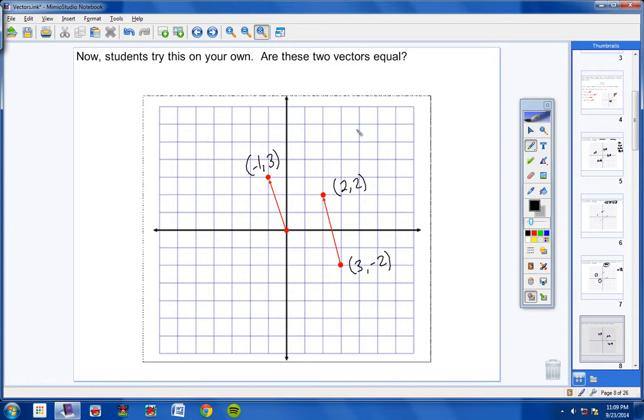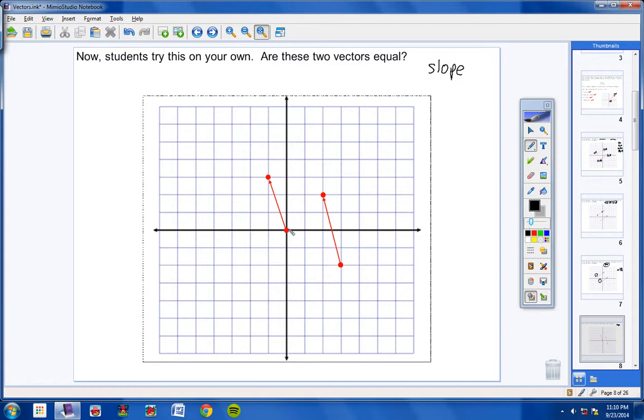And now, let's think about this for a second, students. If we're going to check to see if two vectors are equal, the easiest thing to find is not the distance. The easiest thing to find is the slope. I'm not going to take the time to find the slope for you because we know how to do that.